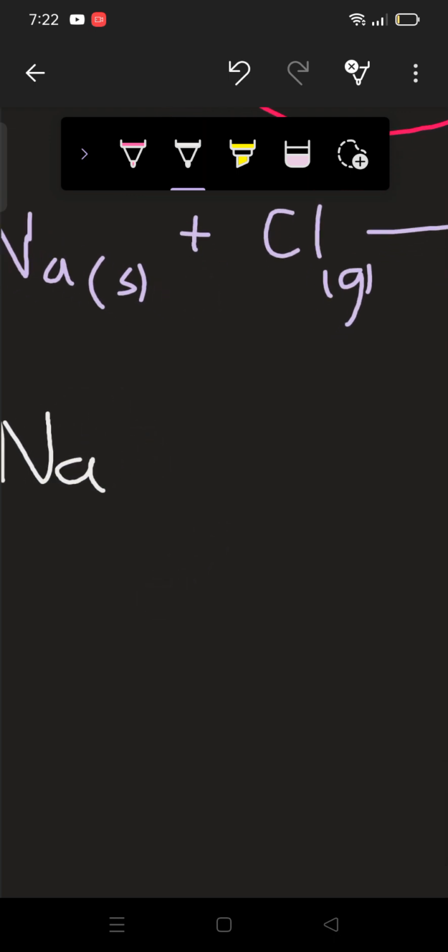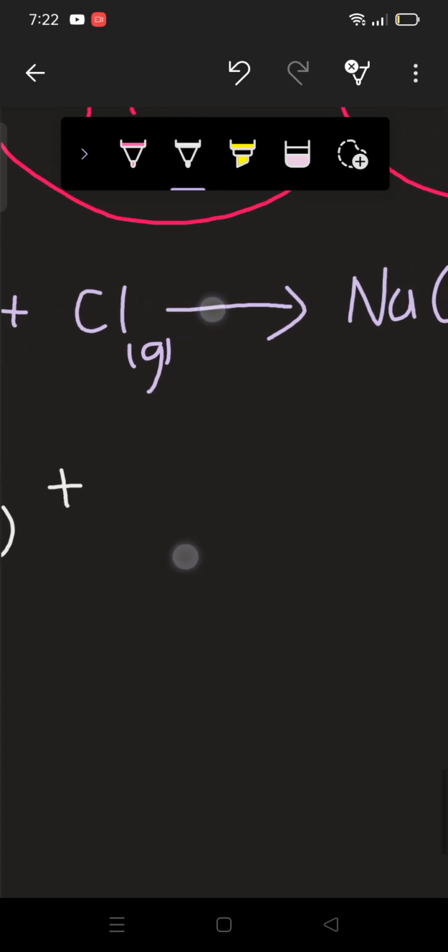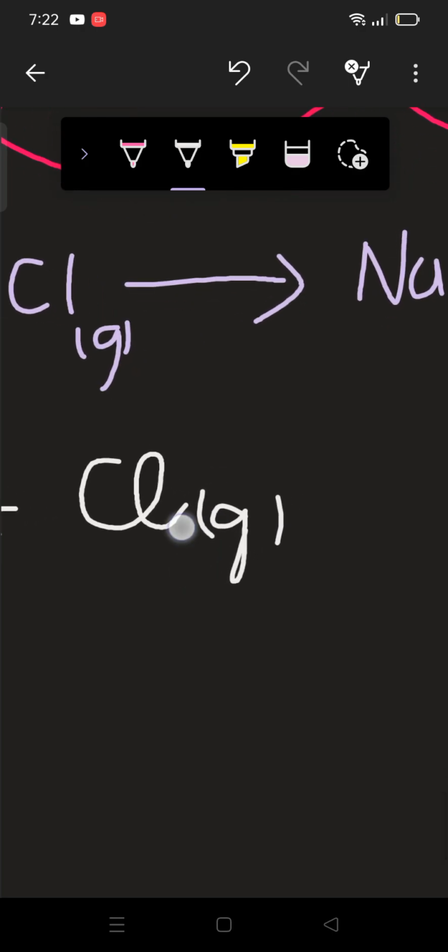Sodium in its stable state is found in solid state, right? Chlorine is found stable in its gaseous state, right?